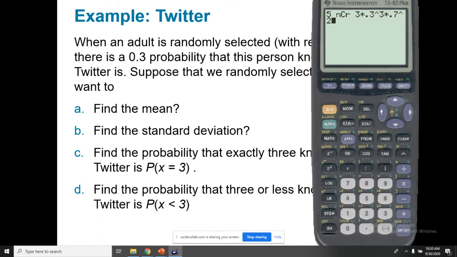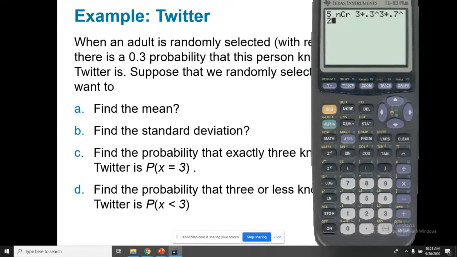Because, excuse me, raised to the third power. I'm sorry, that's 0.7 to the third power, because X is 3 and not 2.